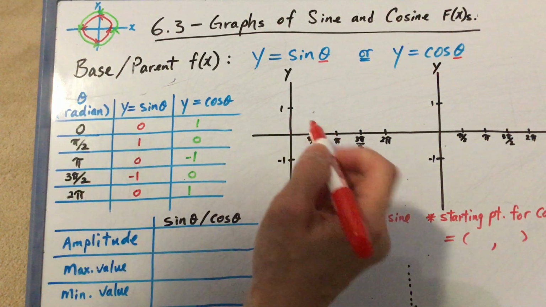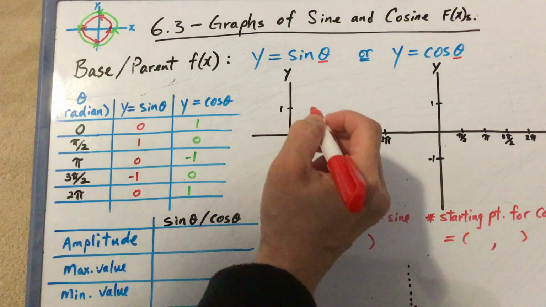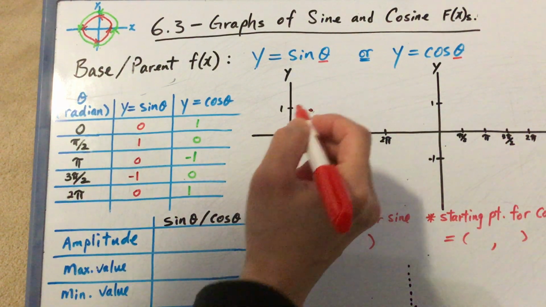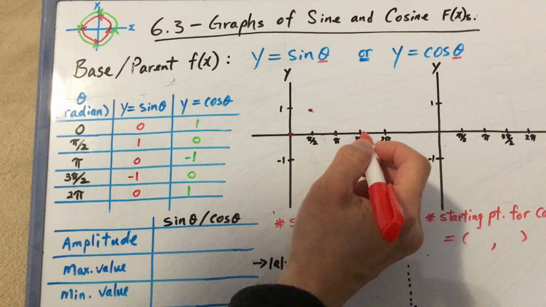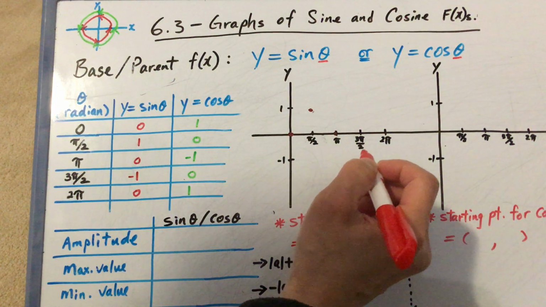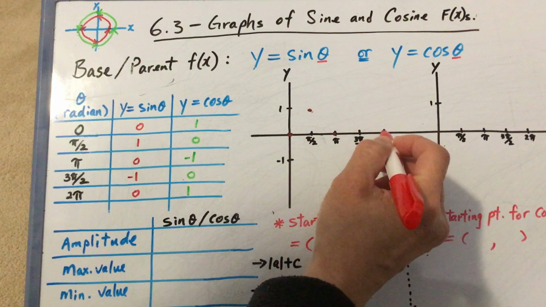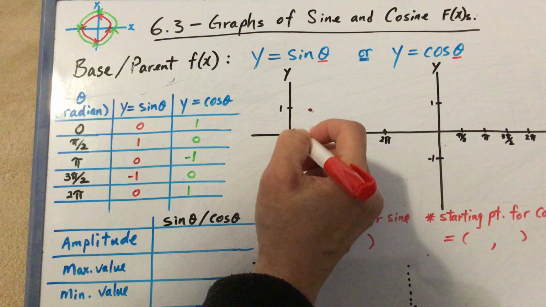For the sine, I have 0, 0. At pi over 2, I have a 1. At pi, I'm coming back to 0. At 3 pi over 2, I'm down to -1. And at 2 pi, I'm back here.